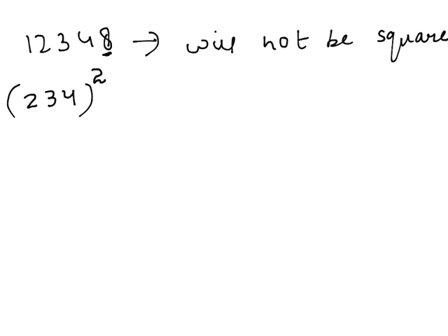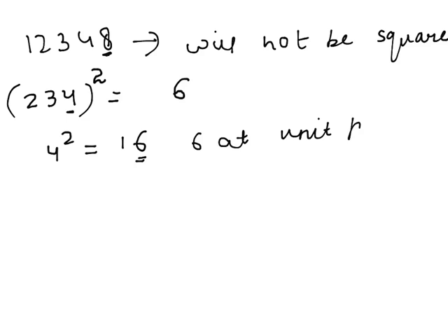A number that ends with 4 always has 6 at the unit place, because 4 square is equal to 16, which has 6 at the unit place. So a number ends with 4 always has 6 at the unit place.